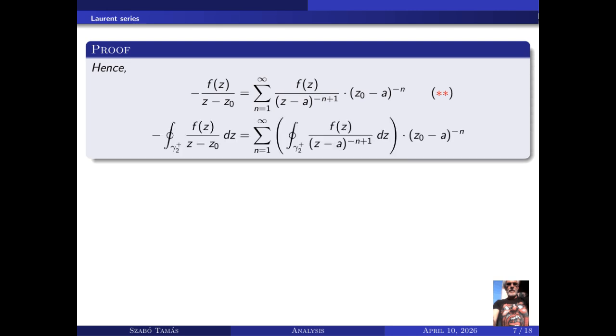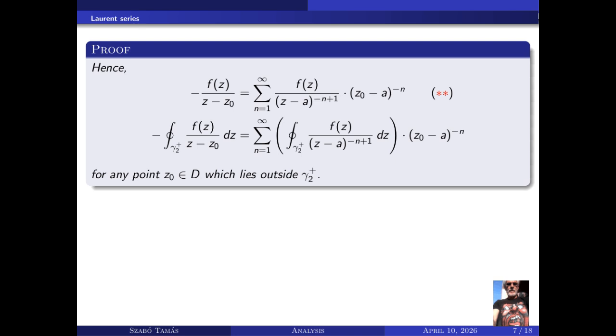Integrating term by term, we obtain minus the contour integral over gamma 2 plus of f of z divided by z minus z0 dz equals the sum from n equals 1 to infinity of the contour integral over gamma 2 plus of f of z divided by (z minus a) to the power minus n plus 1 dz times (z0 minus a) to the power minus n.